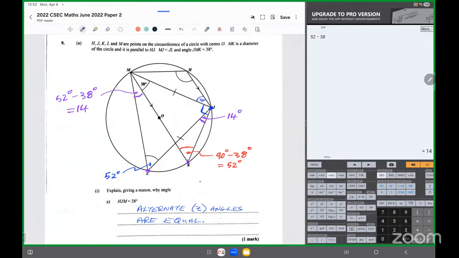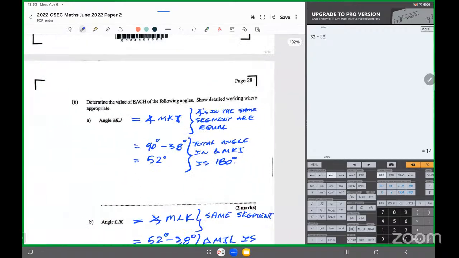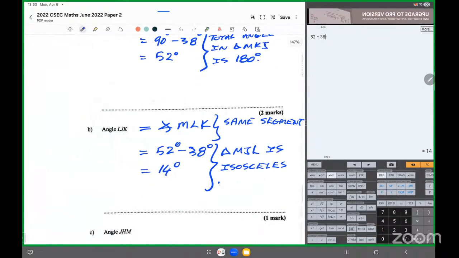So angle JML is 52, like the one down here. Isosceles. Therefore, angle JML equals 52 degrees. So the whole thing is 52 degrees and the piece of it is 38, and the piece that is missing is 14. That is it. All right.